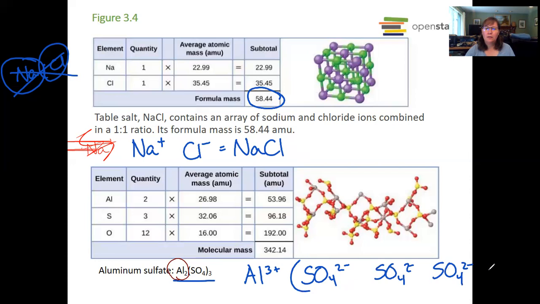And so you can now see that this 3 here means that you have 3 sulfurs. And if you have an O4, you have 3 O4s, that's 3 times 4 or 12 oxygen units. Okay, and that's where we end up getting these here.